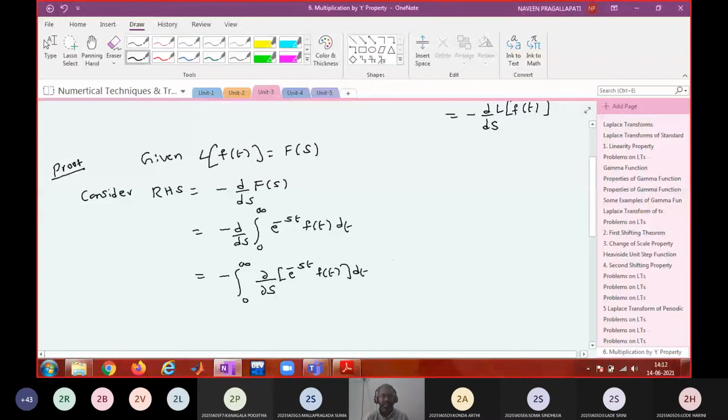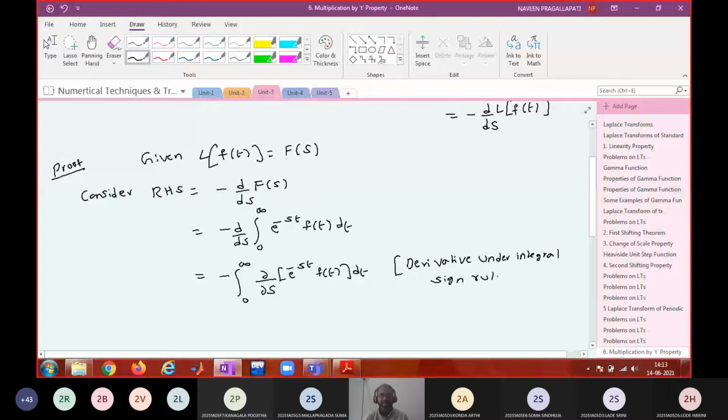This is called derivative under integral sign rule.